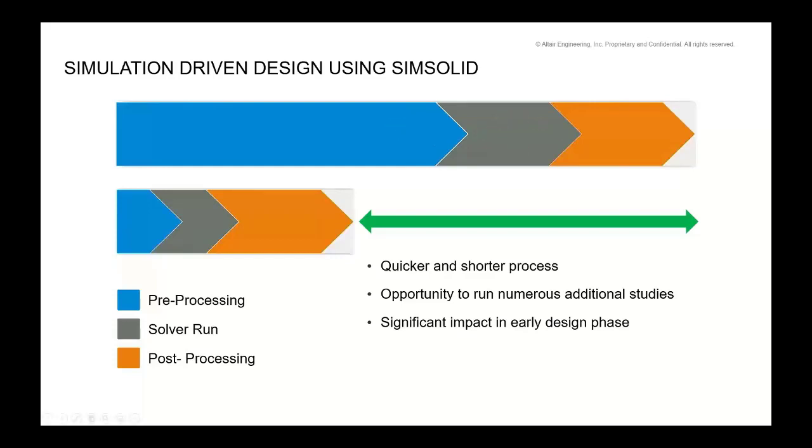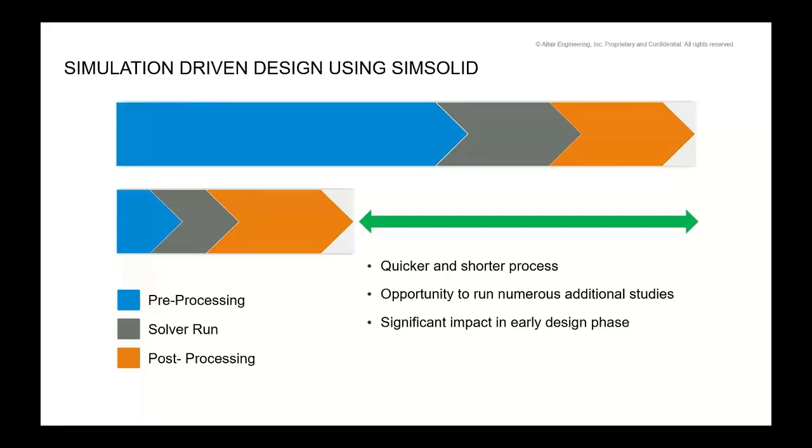And then the solve itself will probably take a little while to run, and you'll probably need to fight with your colleagues to make sure you get a license or to make sure that you get to submit it on the HPC in time. But then after that, you have time spent on the post-processing of it, so the analyzing, the understanding of the stresses, and the way in which your whole assembly works together.